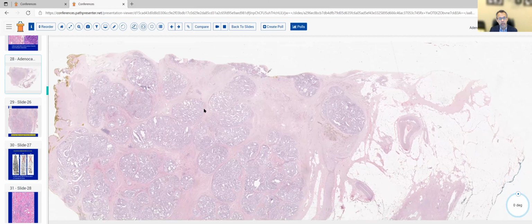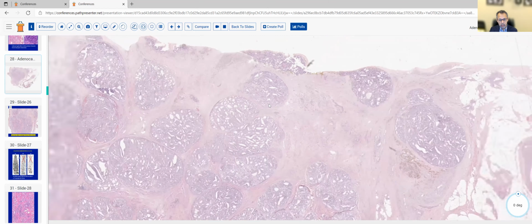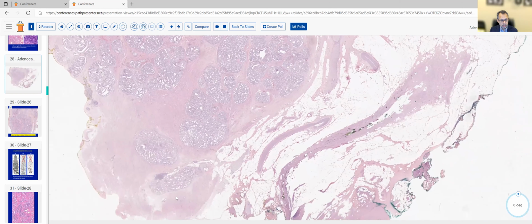Here you see perineural invasion, as seen here. In this particular area, you have extraprostatic extension. You clearly see these glands sitting within the fat plane of the radical prostatectomy. So there is no argument in this situation that you are dealing with an invasive cribriform carcinoma.